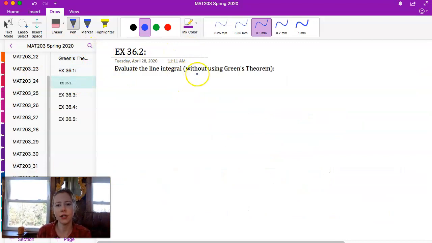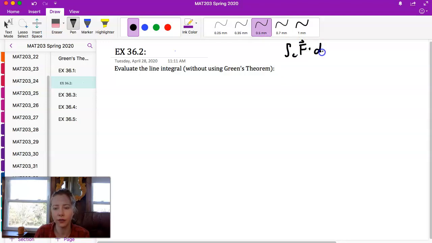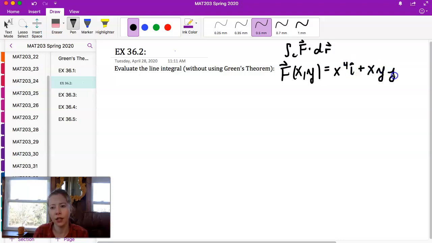We're going to evaluate the line integral without using Green's theorem. So I'm going to give you a line integral. So we're going to look for the line integral of F dot dr, and we're going to have F of x and y. So our vector field is going to be x to the 4th i hat plus xy j hat.